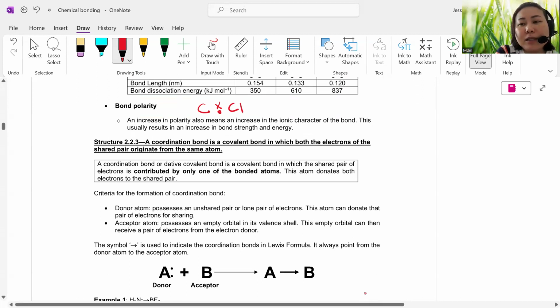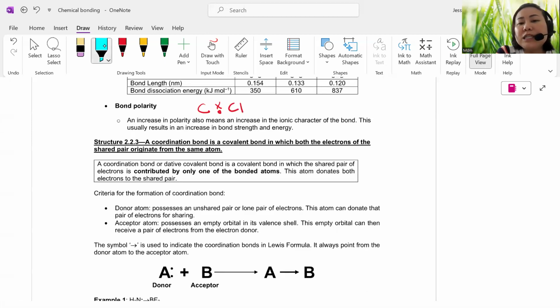Okay, but rather the more electronegative atom is pulling the electrons closer to itself. And as a result of that, it gives rise to some distribution of charges across the bond. And it gives the bond some form of ionic character in the covalent bond. So to describe the ionic character in the covalent bond, we will say that the bond is now polar.